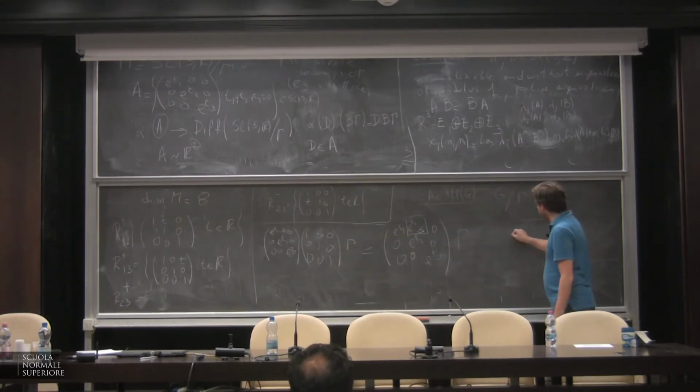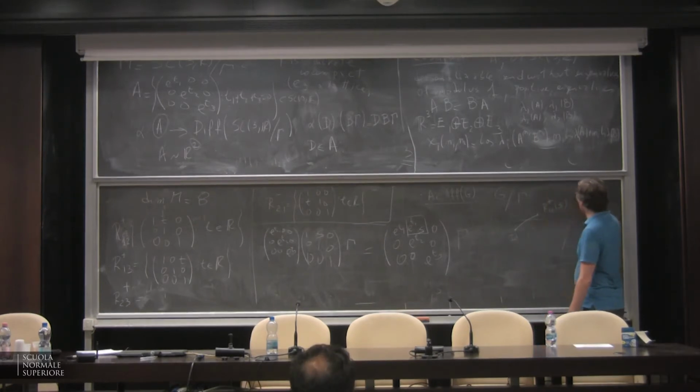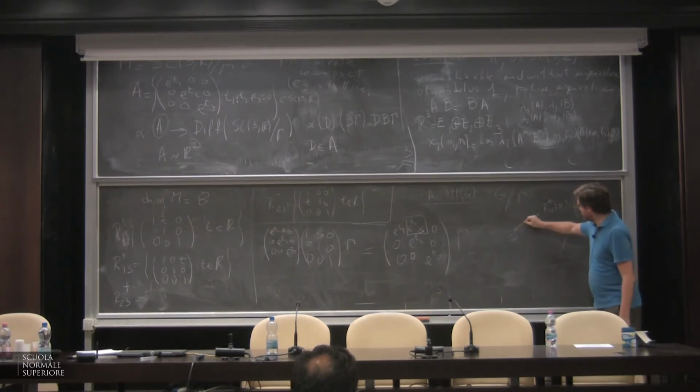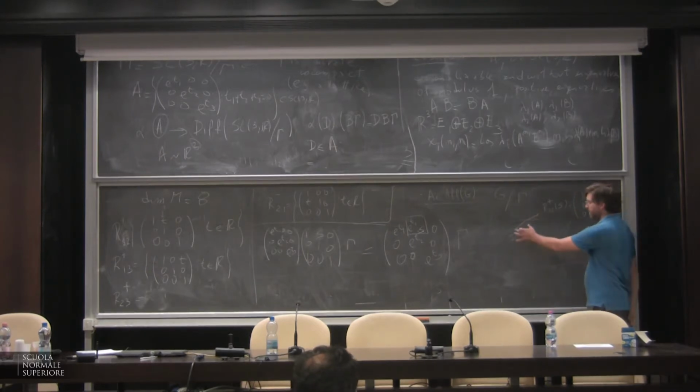I have here the identity element, the whole curve, and this R1,2 plus of s, which is the matrix 1, s, 0, 1, 0, 0, 0, 0, 1. I have all this line, these one-parameter groups, so this piece of one-parameter group.